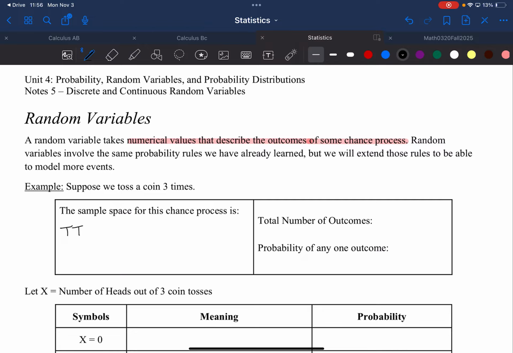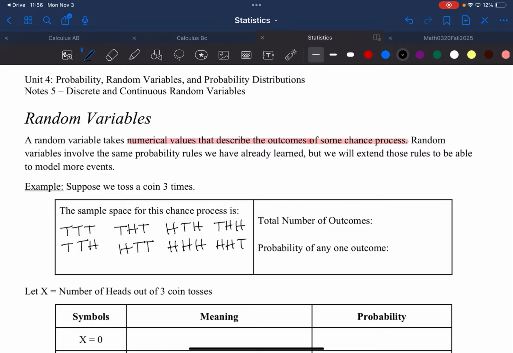So we could have tails, tails, tails; tails, tails, heads; tails, heads, tails; heads, tails, tails; heads, tails, heads; heads, heads, heads; tails, heads, heads; and heads, heads, tails. Okay. So that is our sample space.